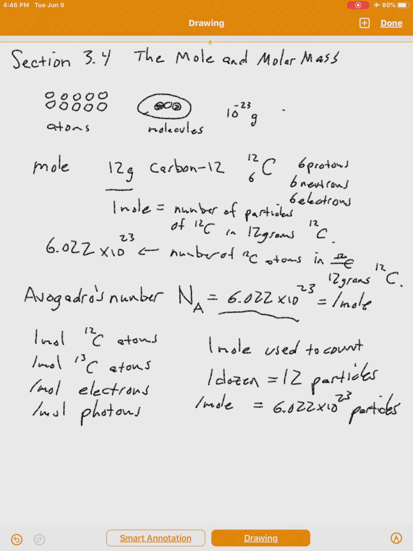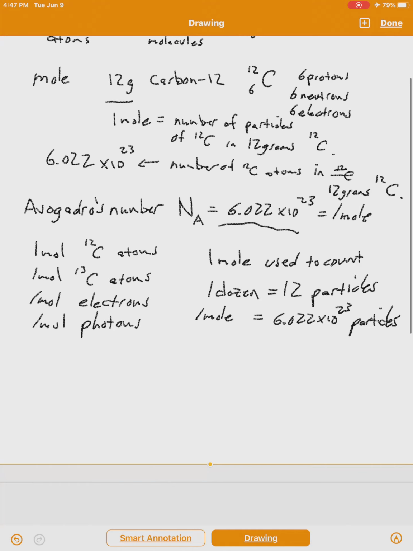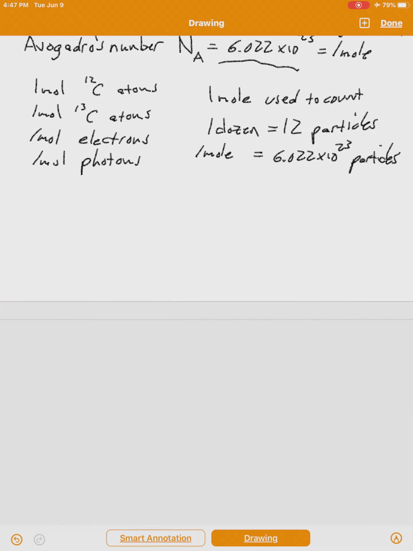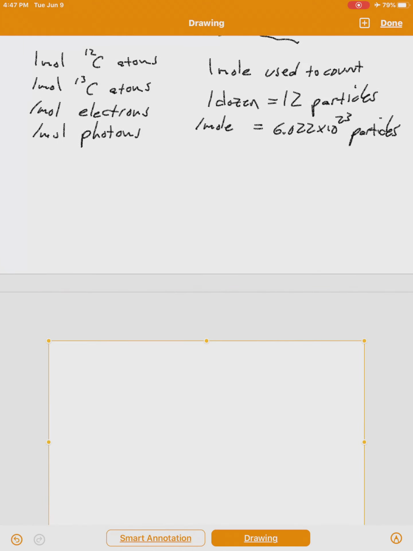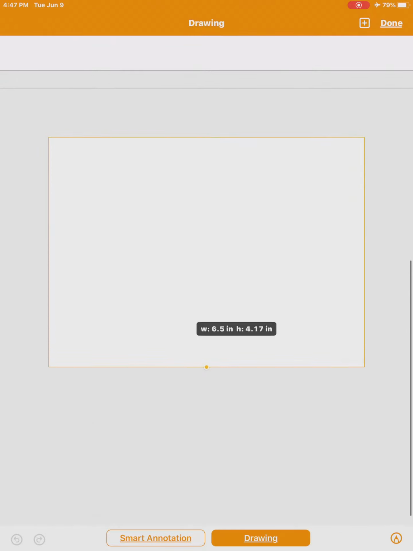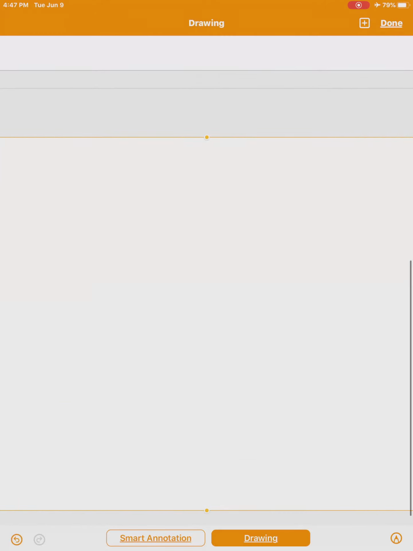Well, because atoms are so small, molecules are so small, that even a small amount of them is a huge number. Okay? That's essentially the idea, Avogadro's number. Now, mainly what we do in this section is conversions involving that. So I'm going to move on to a topic that is related to this, and it's called the molar mass.